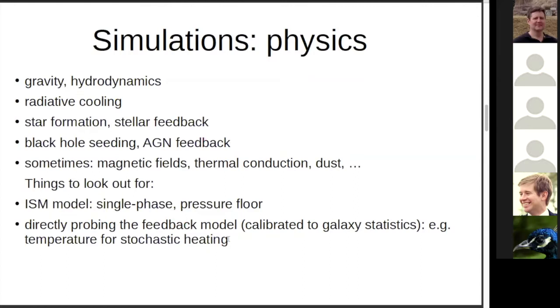That puts it over the peak of the cooling curve. That makes sure that it can actually do some work before it cools. And the probability of heating a particle is set so that the energy injected, at least in a statistical sense, corresponds to what you'd expect to get from those supernovae.